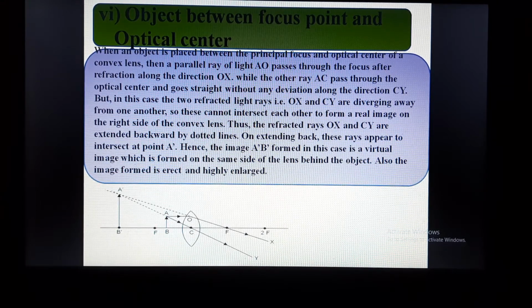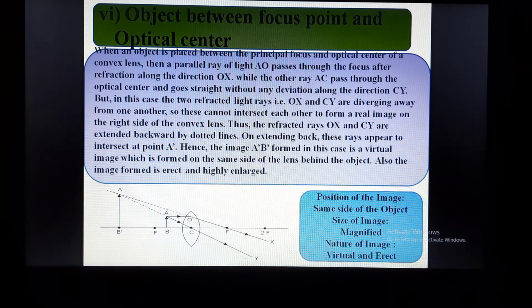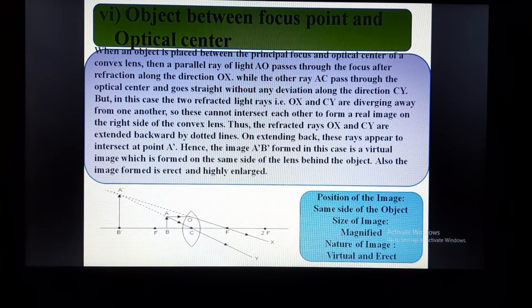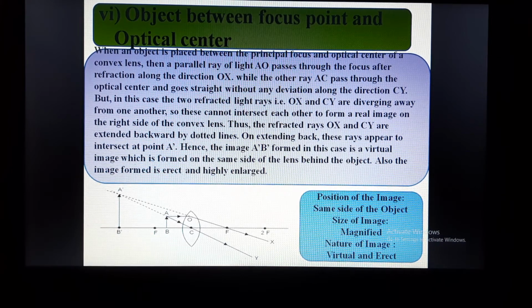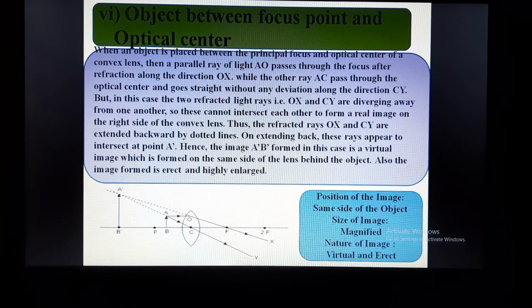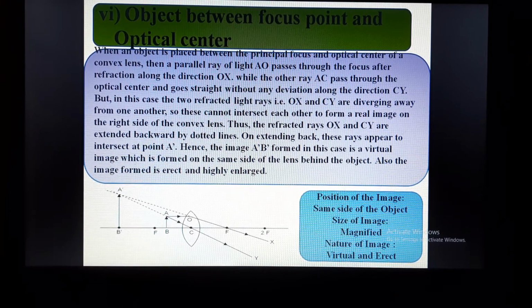Okay, so for this position we get the position of the image on the same side as the object, the size of the image is magnified, and the nature of the image is virtual and erect. Okay, so this definition is very important here.